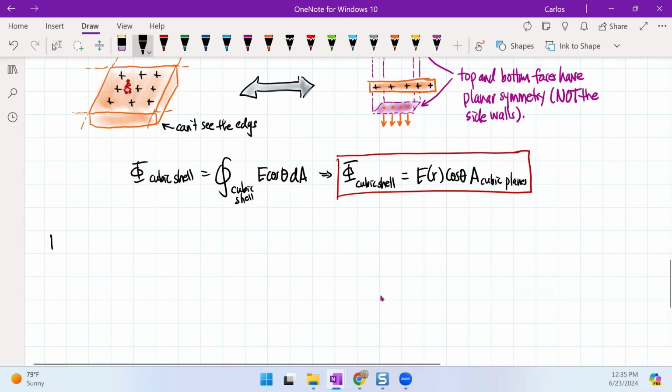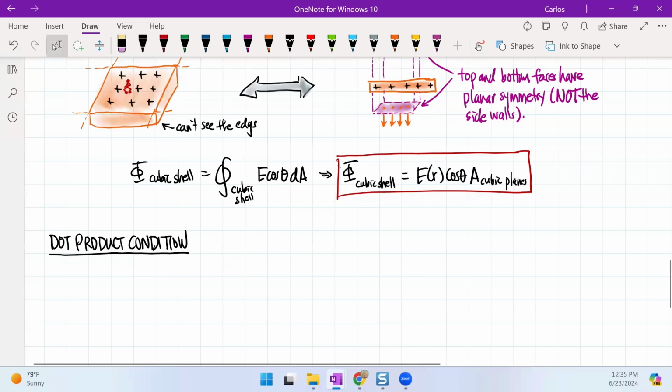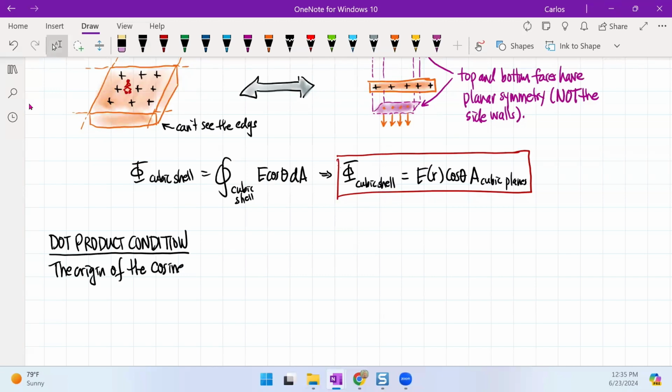So now we're going to talk about the dot product condition. The origin of the cosine term is due to the dot product.